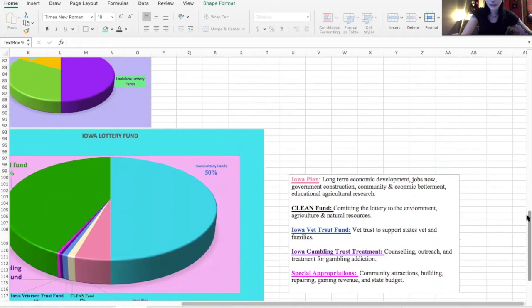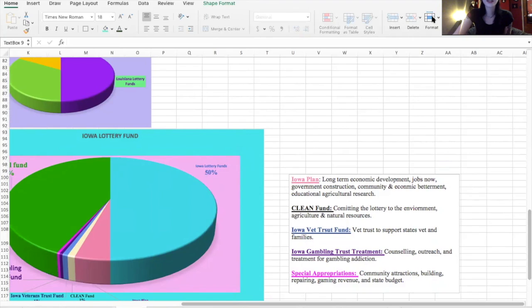So the Iowa Plan is long-term economic development, jobs now, government construction, community and environment, community and economic betterment. Whew, going a million miles a minute. Okay. Educational agricultural research.